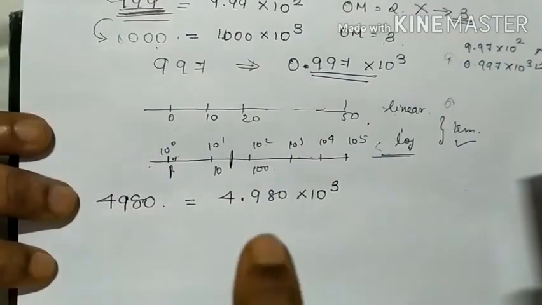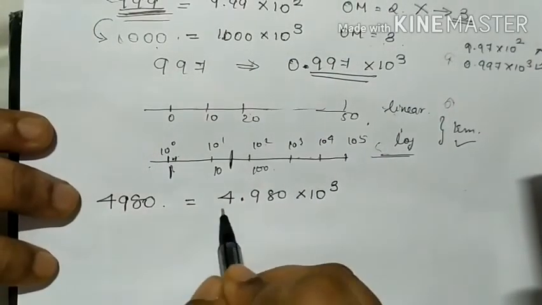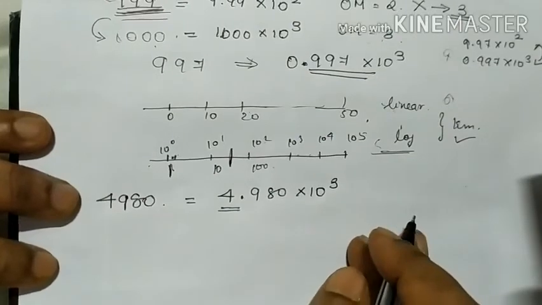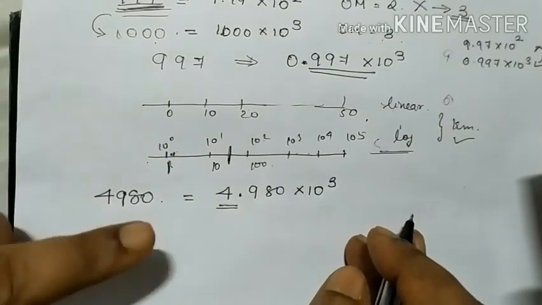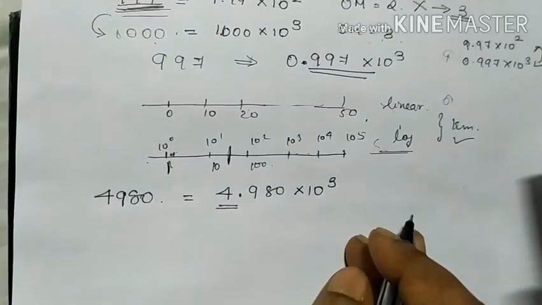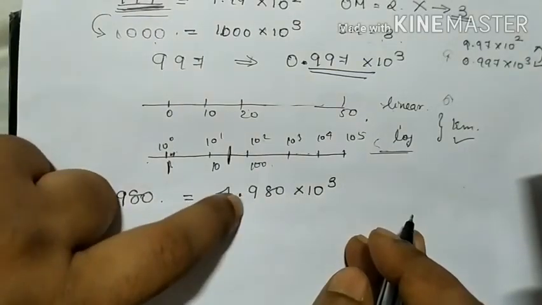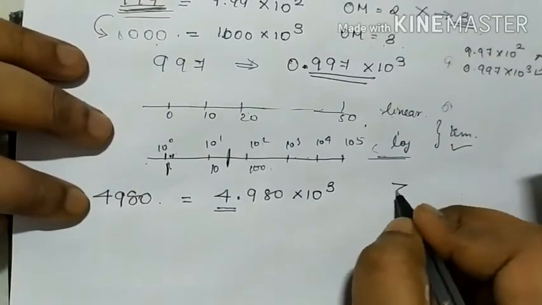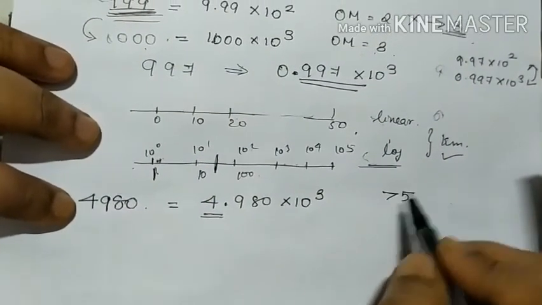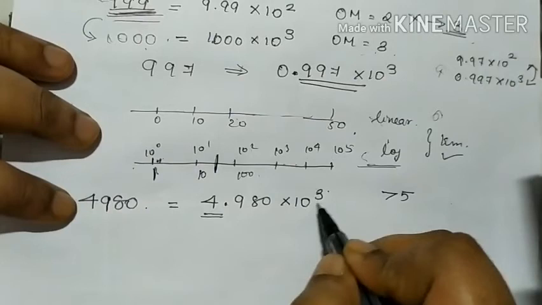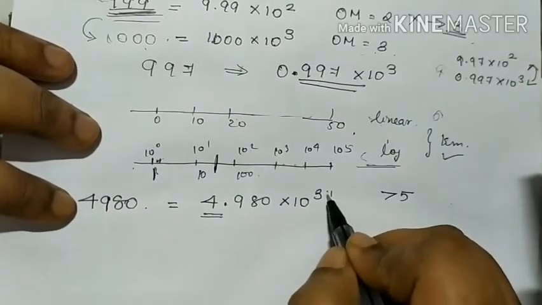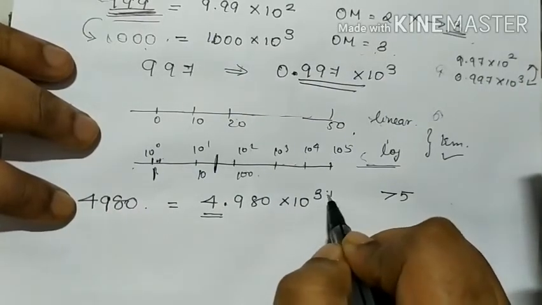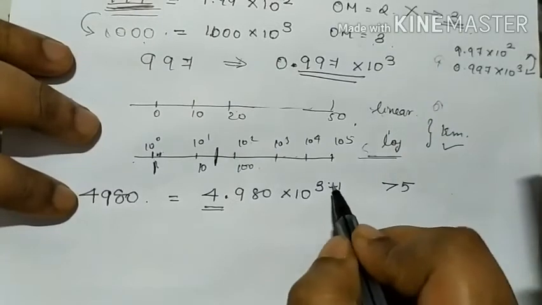Now listen to the rule, guys. Always look at the first digit, right? The first one, 4, right? Now this first digit, that is in the left position of the decimal, if it is greater than 5, then always put a +1 to the order of magnitude. Clear?